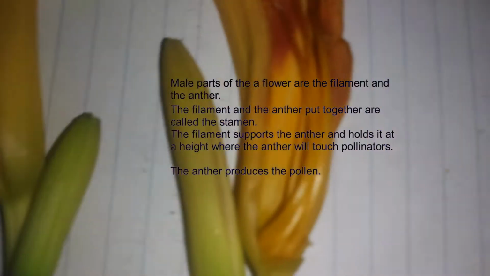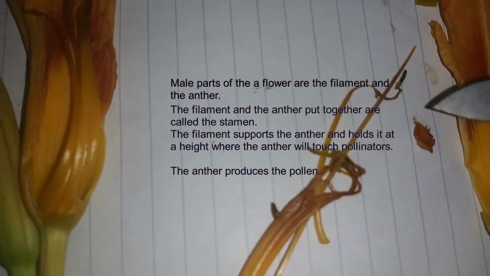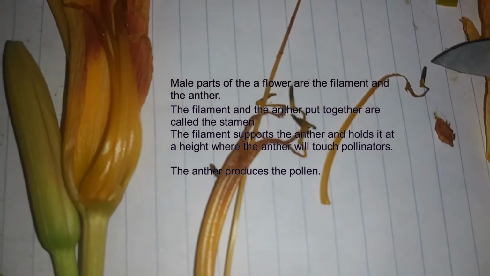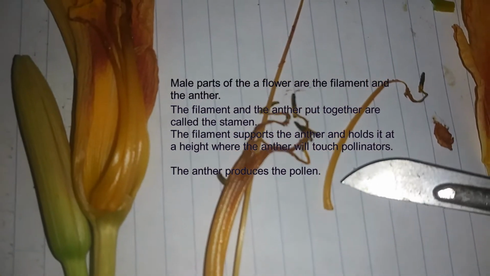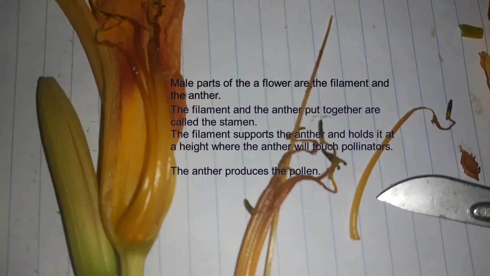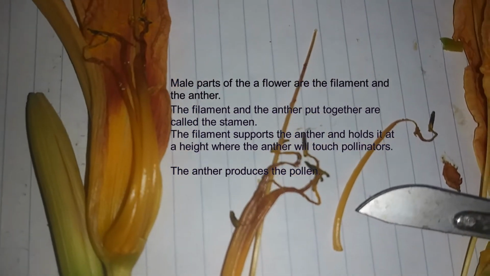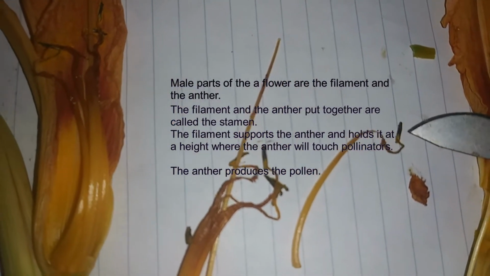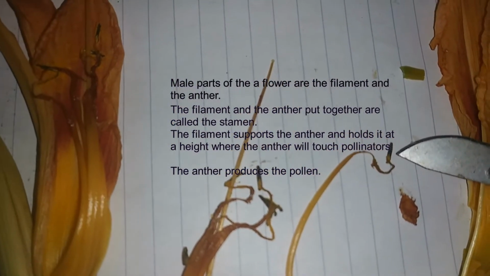Where is it? I laid one out. And this is a stamen. So this is the pistil. Nope, wrong term. This is the filament, and this is the anther.